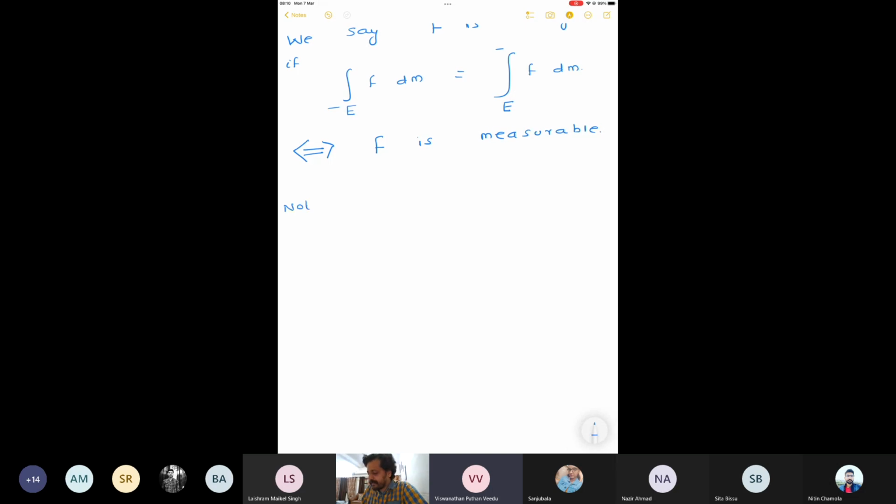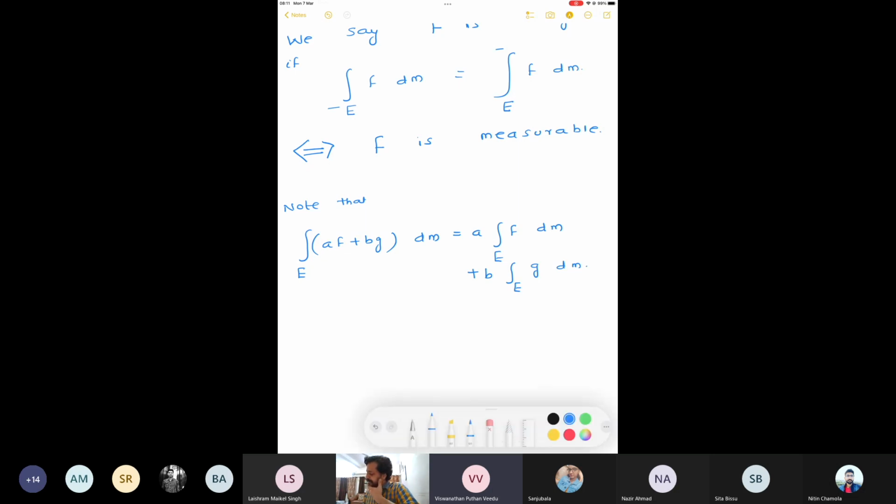Note that at this level also, the integral over E of af plus bg dm is equal to a times the integral over E of f dm plus b times the integral over E of g dm. But I want to make a clarification here.